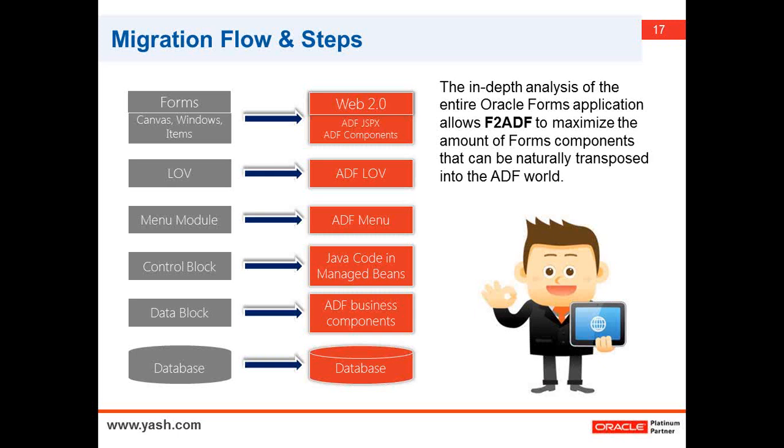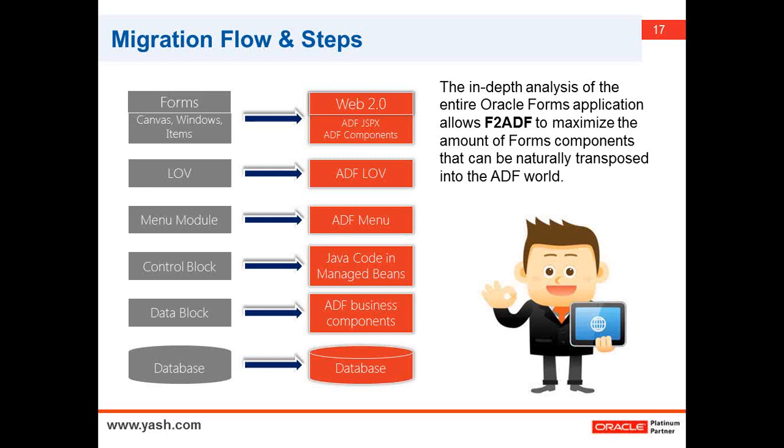In a typical model in ADF compared to Oracle Forms, all the Forms components, like Canvas, any UI component, any LOVs, are generally migrated to ADF components. So Canvas, Windows, buttons, text, all those are migrated to ADF components which are present in the .jspx file.